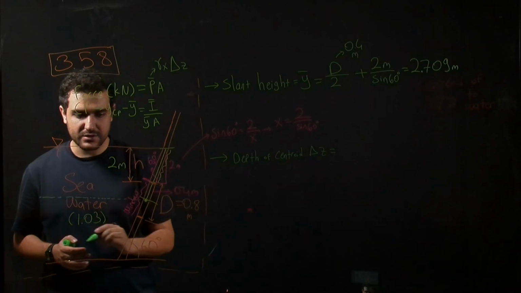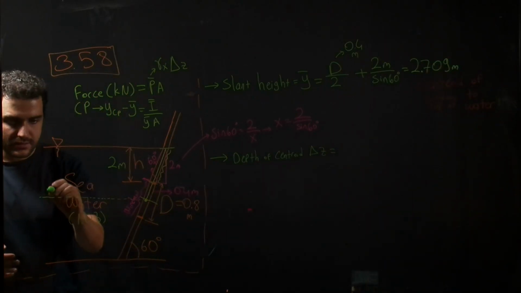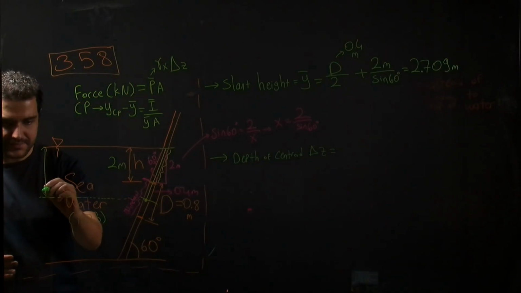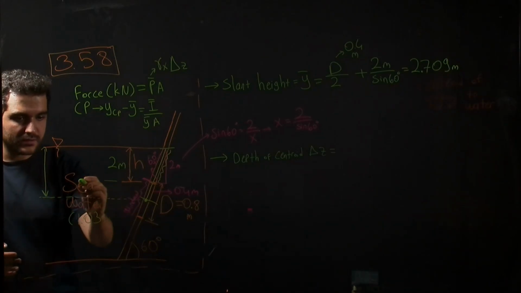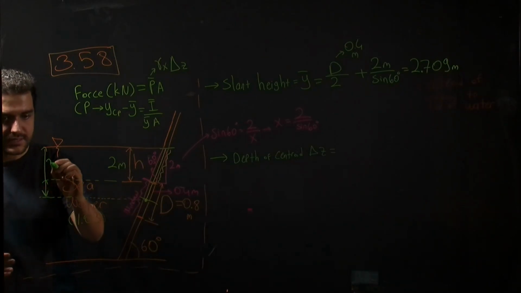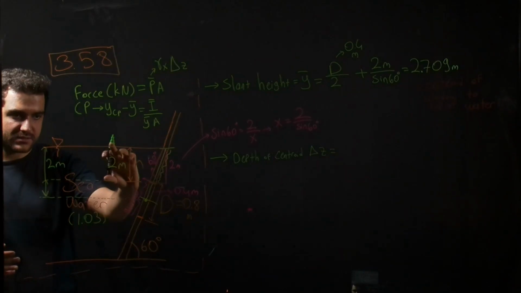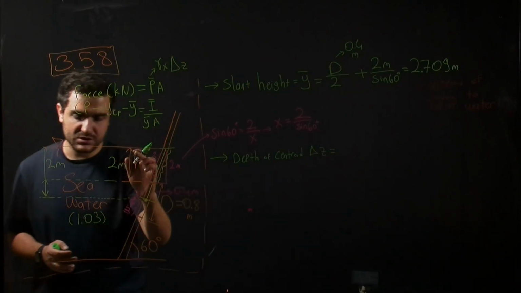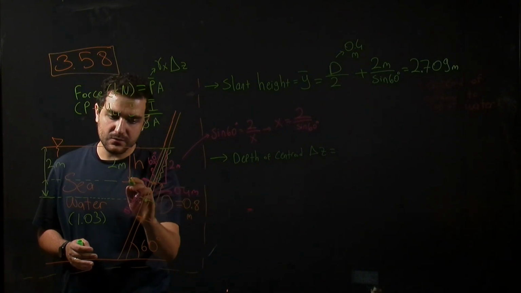So let's draw this line, and we are required to find this depth. And we already have 2 meters from here, from the water surface to the top of window.